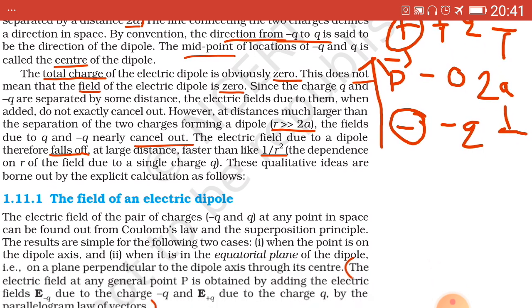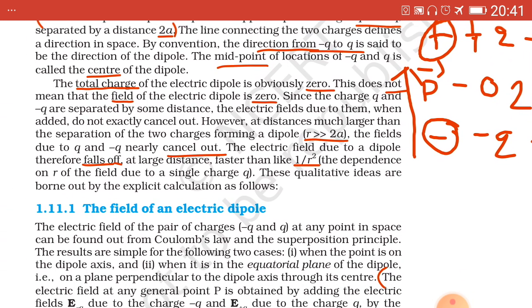Now the total charge of the electric dipole is 0, but the electric field of the dipole is non-zero. Why? This is because the position of the charges are different, as they are separated by some distance, that is 2a.